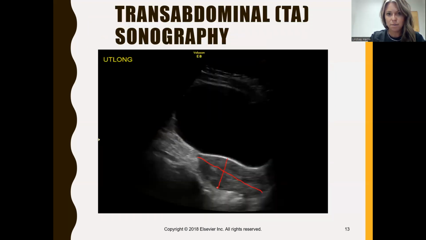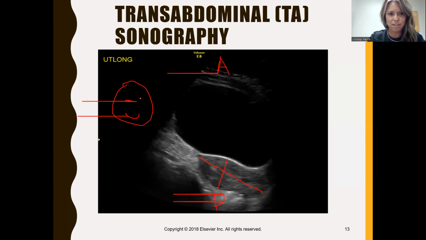The orientation is going to be, this is going to be anterior. This is going to be posterior. This is going to be towards the patient's head. I don't have my pen, and so it's being crazy, but this is the head, and then this is the feet. It's like a leg.